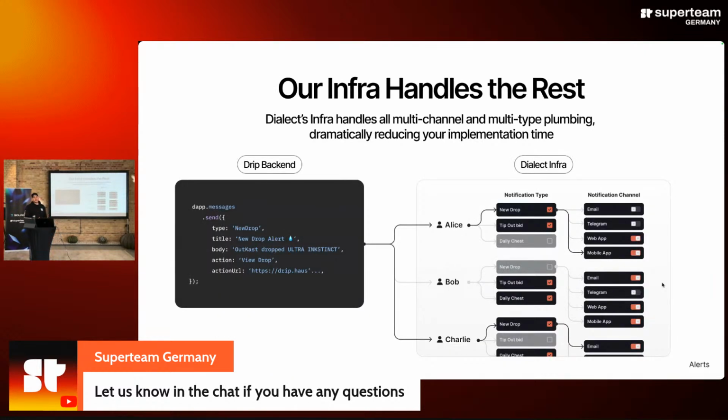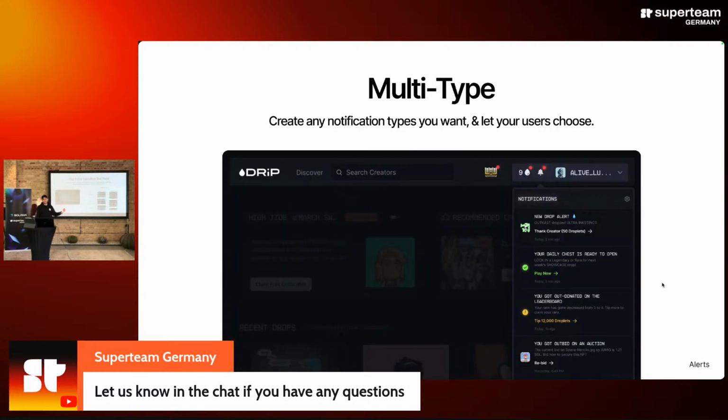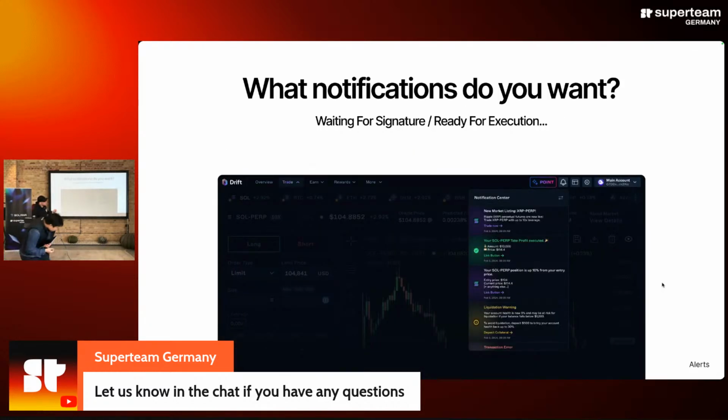A message itself is a super, super simple way. It mostly works, it's basically TypeScript code. So what you see here on the left side, it's really just message.send. You give it the type, the title, the body. You can give it also an action and an action URL, which means if you look at our screen right here, you always see this button here, right?